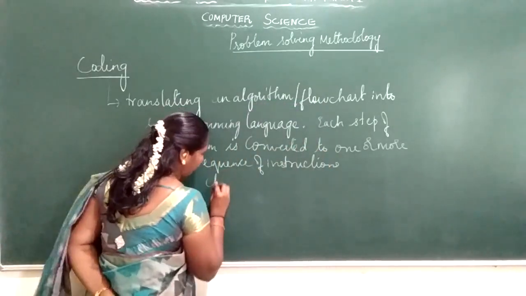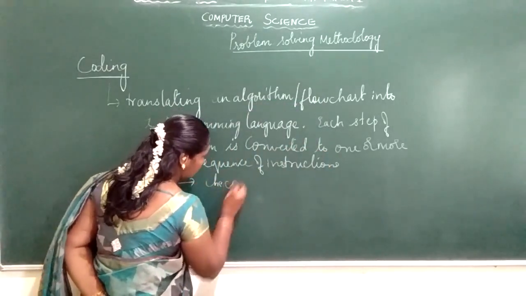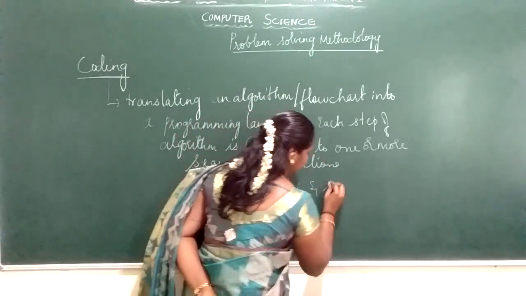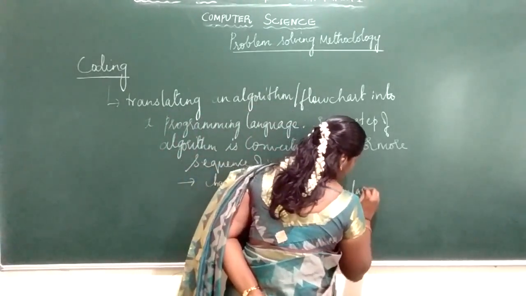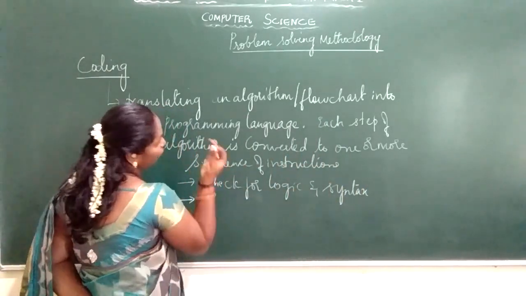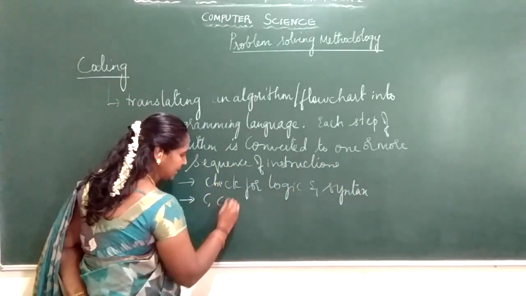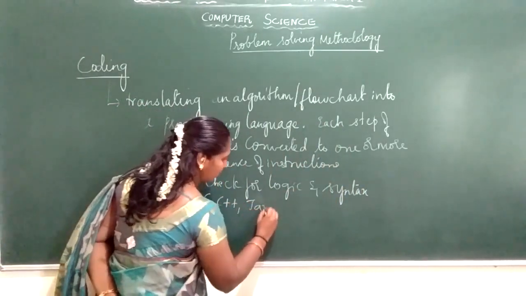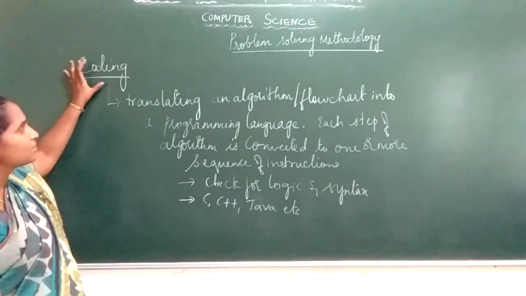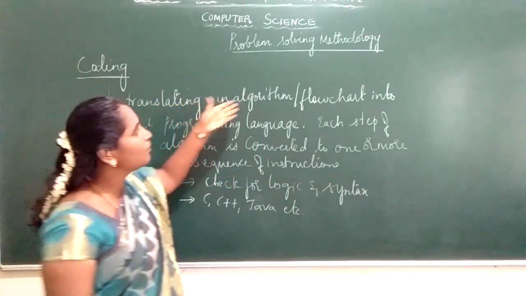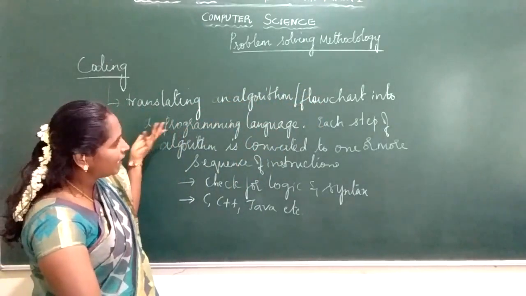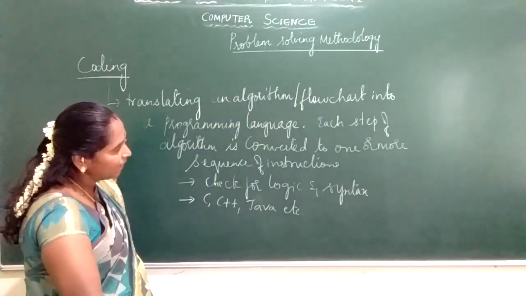Here you are going to check for logic and syntax. And here the programming language can be C, C++, Java. So what this coding tells is that you are translating an algorithm or a flowchart into a programming language, and this can be any of the high level programming languages.